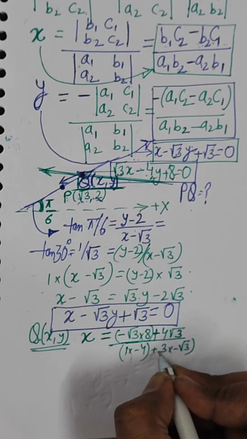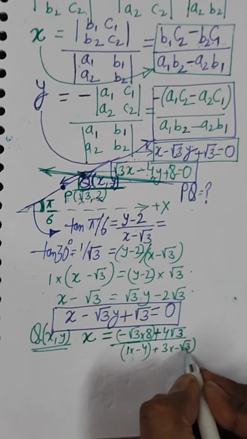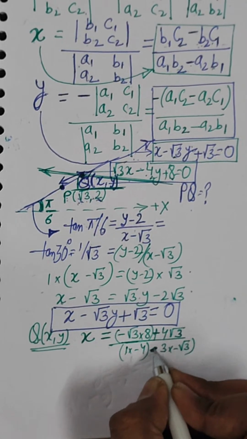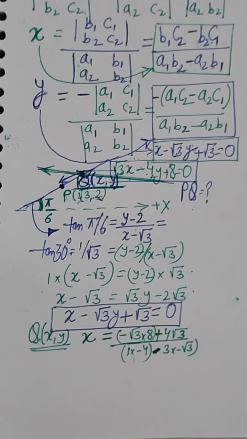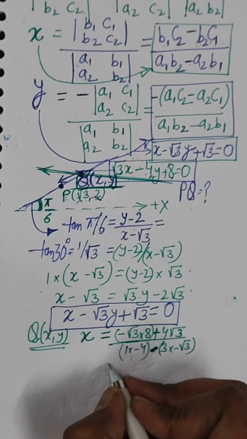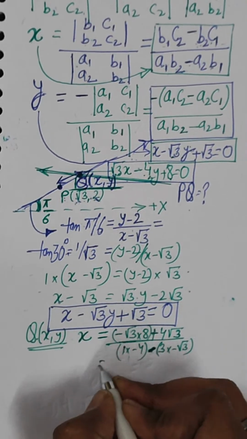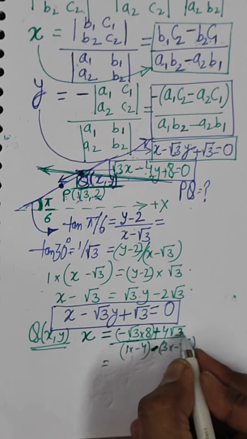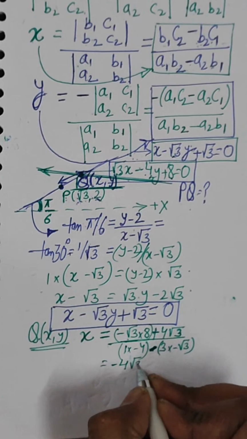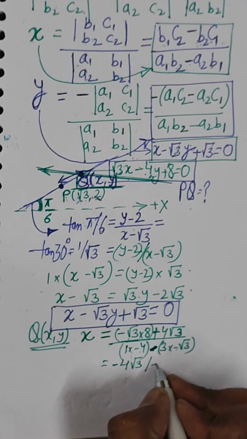So minus a2 b1, again the minus sign will be there, right? So this will be giving you the coordinate of x, and this is minus 8 root 3 plus 4 root 3, that is minus 4 root 3, divided by minus 4 minus minus plus 3, that is minus 1.